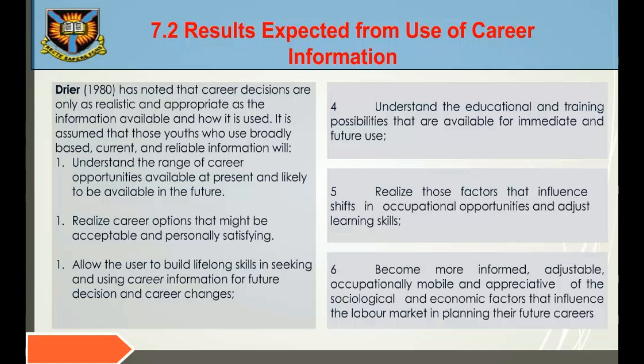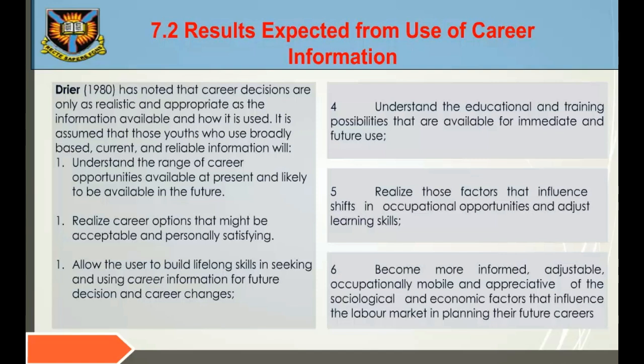4. Understand the educational and training possibilities that are available for immediate and future uses. 5. Realize those factors that influence shifts in occupational opportunities and adjust learning skills. 6.